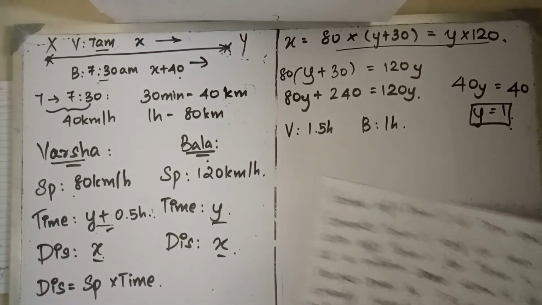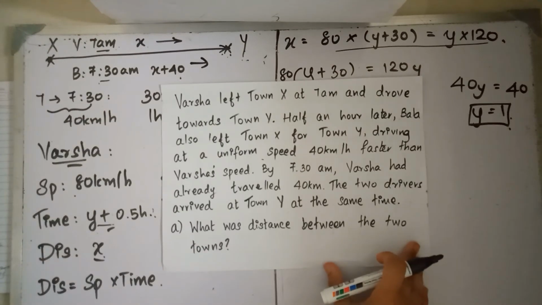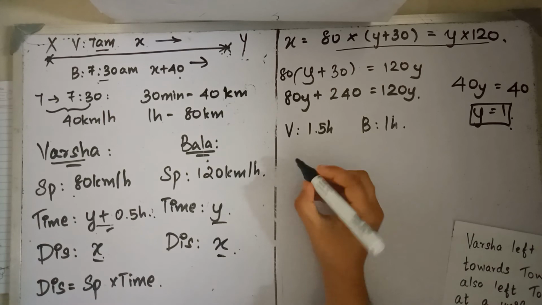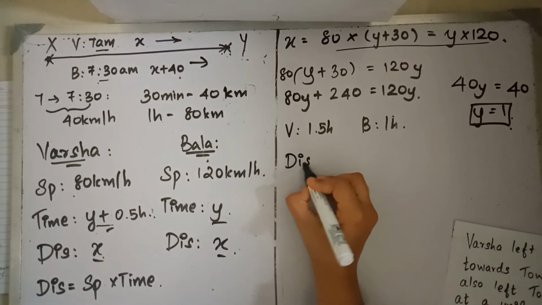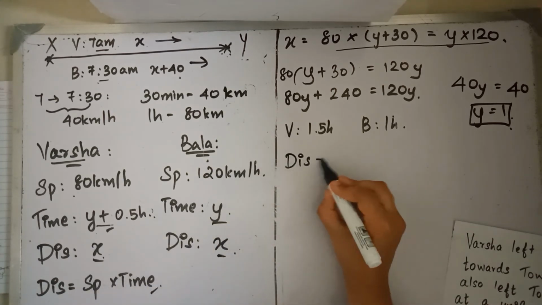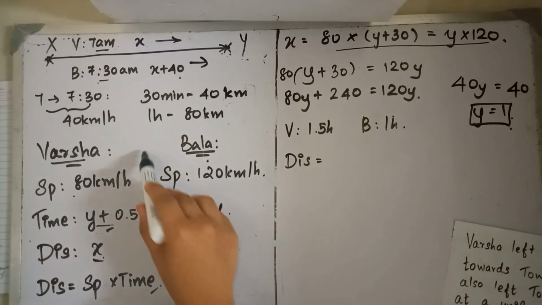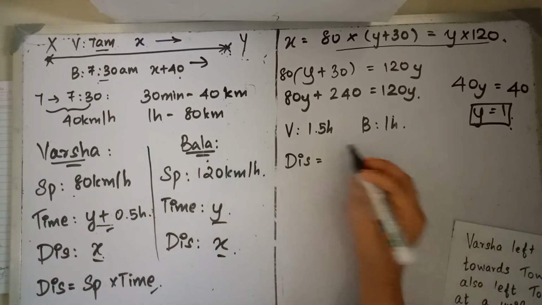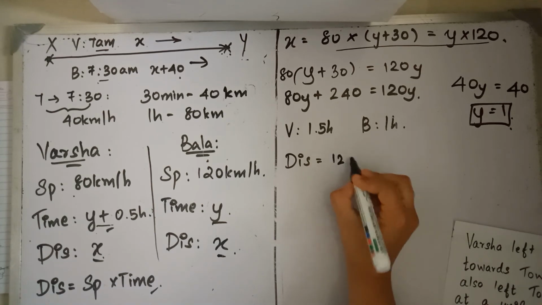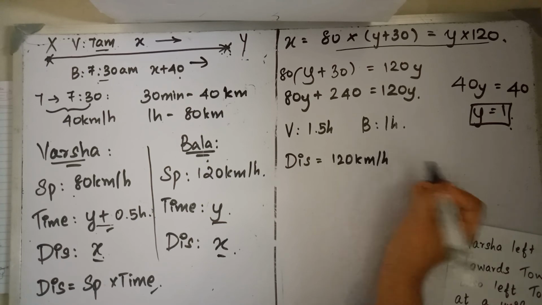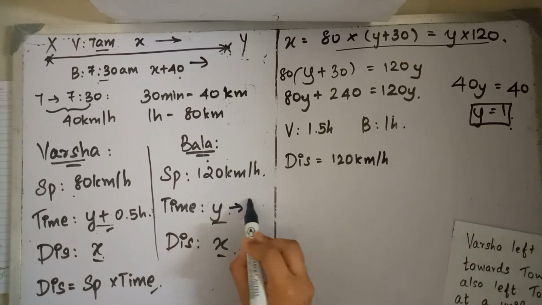Now the question wants us to find out the distance between the two towns. So distance is equal to, like I said, speed into time. So let's take any one of these speeds. Let's take Bala's case. Bala travels at a speed of 120 kilometers per hour and the time which it takes is 1 hour.